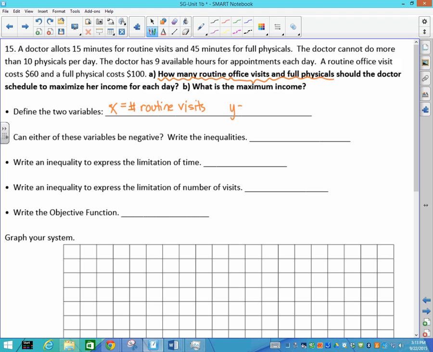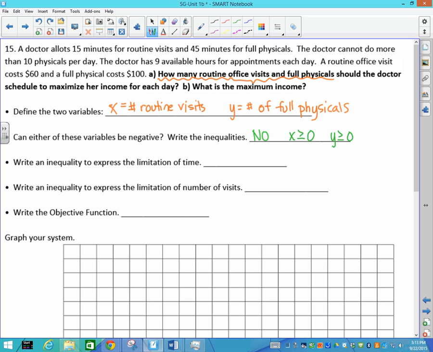And y is going to equal the number of full physicals. So I'm answering the question. Okay, can either of these variables be negative? The answer is no. And so to write those inequalities, x has to be greater than or equal to 0, and y has to be greater than or equal to 0.